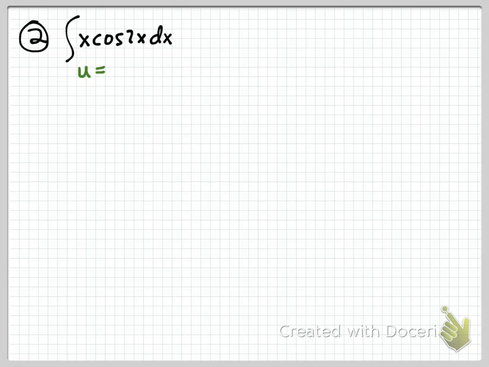So using integration by parts, we need to find the values for u. So u equals x. X is polynomial. Trig is the last thing, so dv equals cosine of 2x dx.